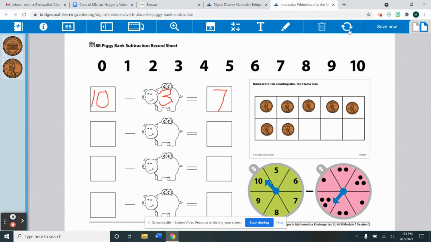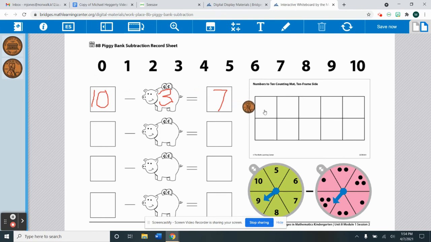So you will start again, and I'm going to take away all of the pennies in my chart to start over. I'm going to spin the number spinner, and I got 9.